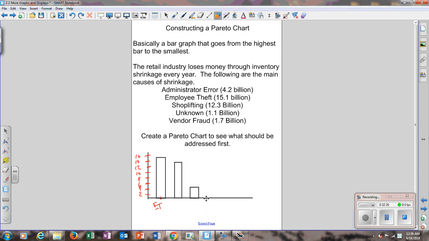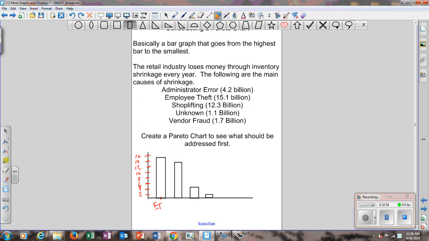Then is vendor fraud, which is 1.7. Then lastly is unknown, which is 1.1 billion.